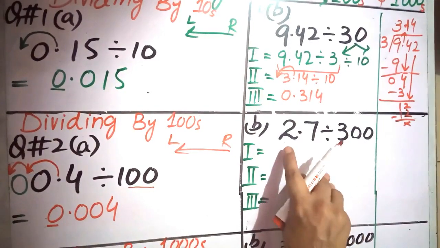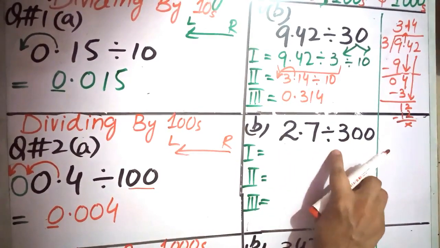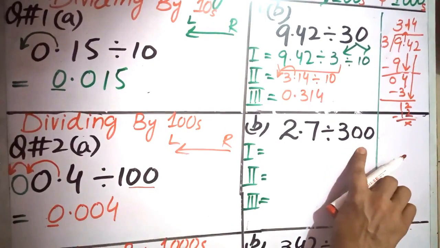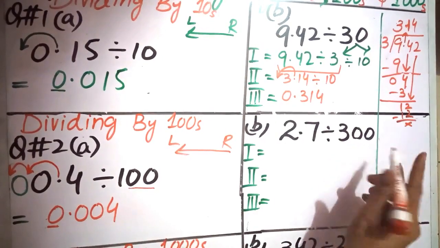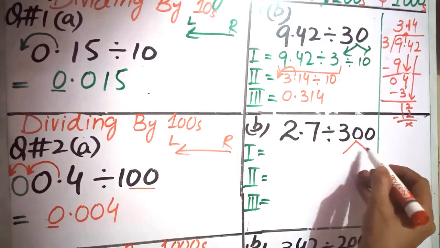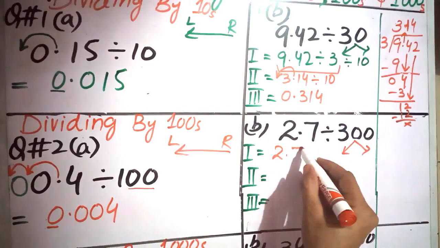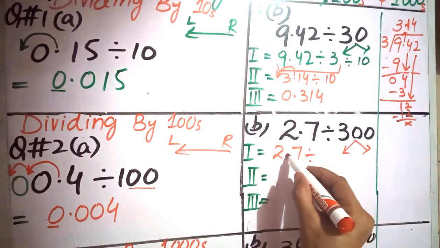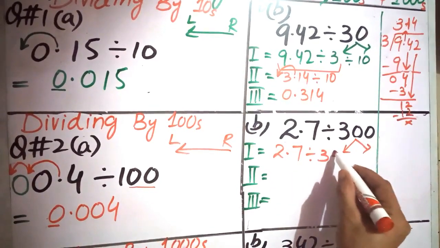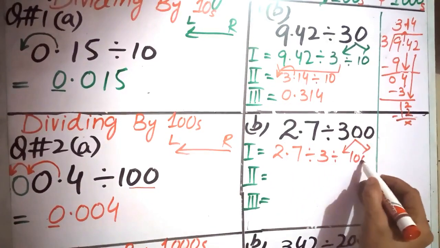Now in the B part, you can see we have 2.7 divided by 300. 300 is a multiple of 100. We will split the number as well: 2.7 divided by 3 divided by 100.